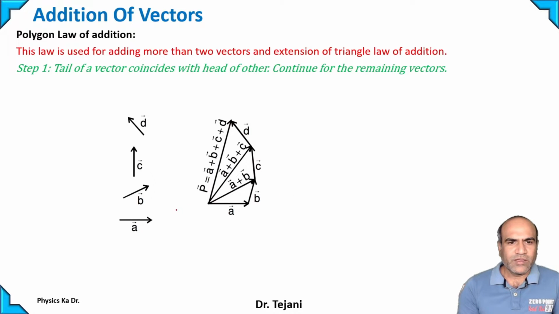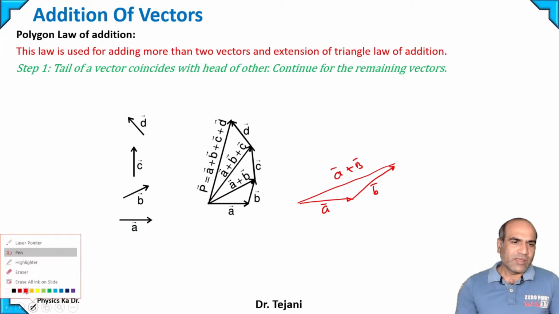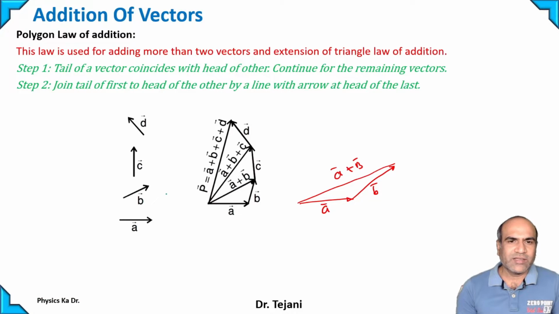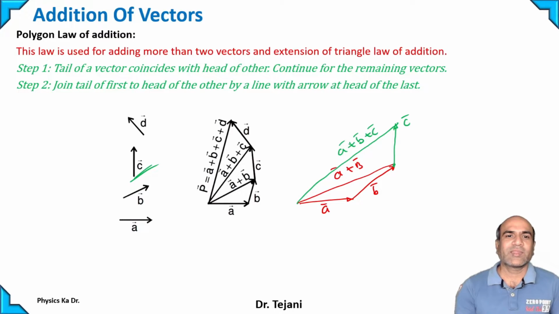If A and B are given, join the tail of the next vector to the head of this A vector, and this gives the resultant, A bar plus B bar. Now next, join the C vector from this end in the same direction, so this gives A plus B plus C vector.